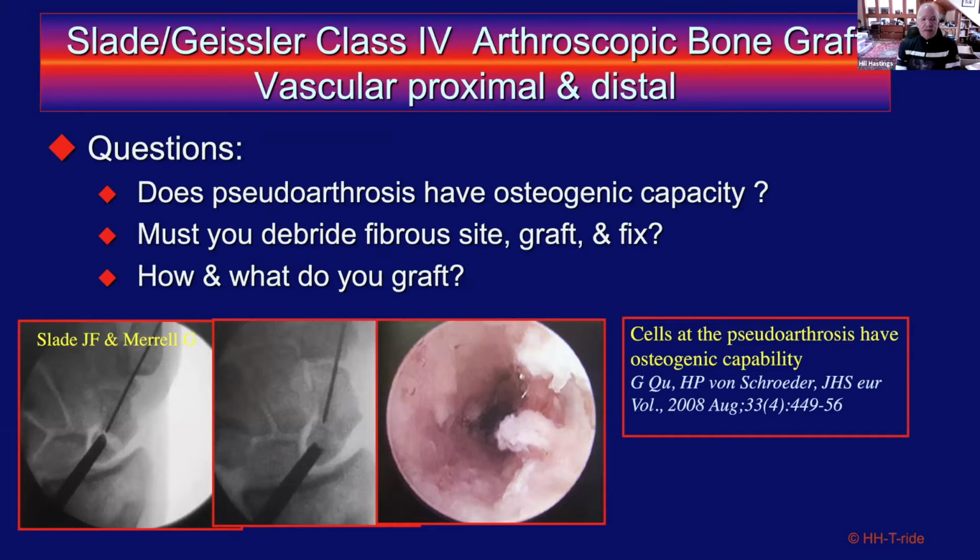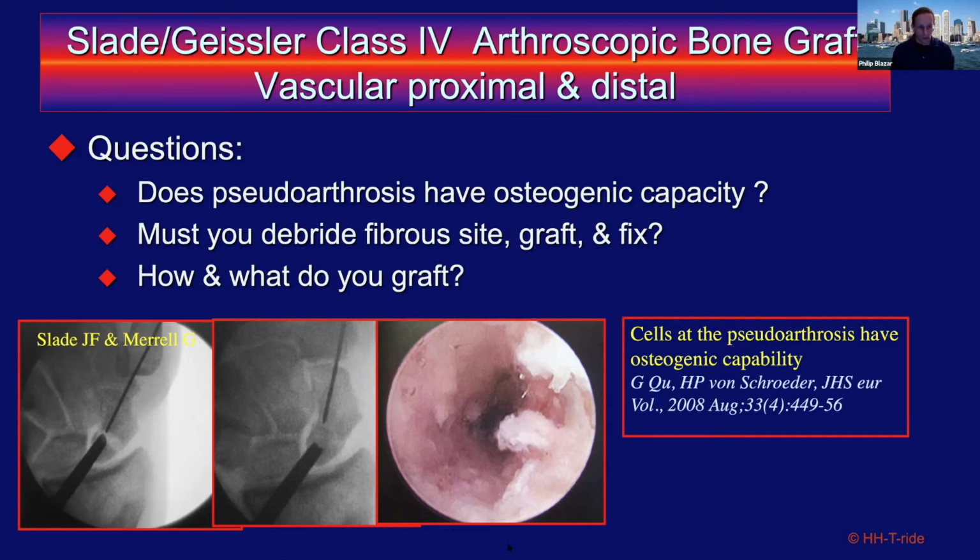Phil, what do you think about debridement of the site? Thanks, Hill. I do think some of these fibrous non-unions do have the potential to heal. So they are unionogenic, including osteogenic. For me, if I see an intact cartilage envelope, which I sometimes will see with some of these proximal, truly non-displaced injuries, I won't necessarily take it down.